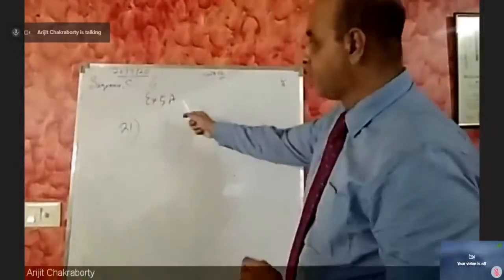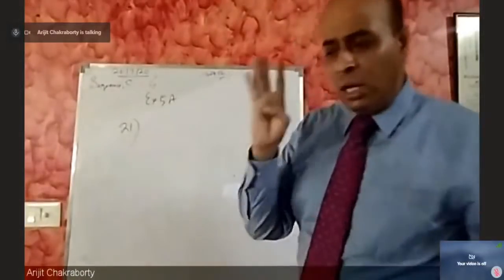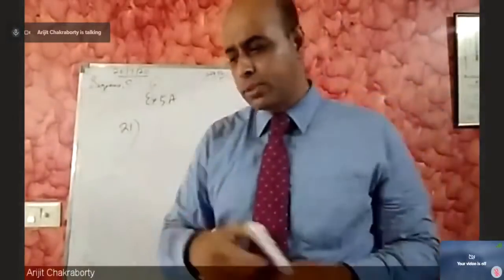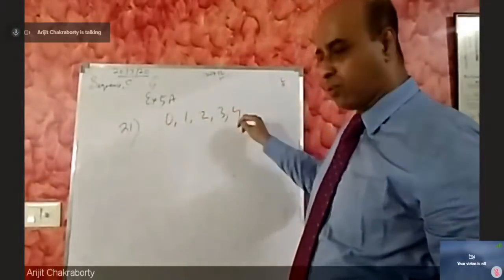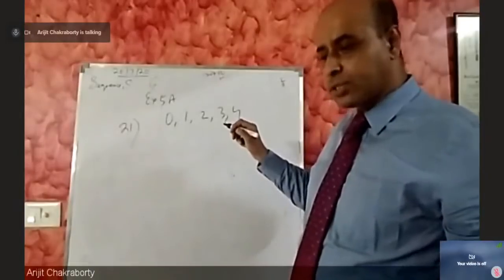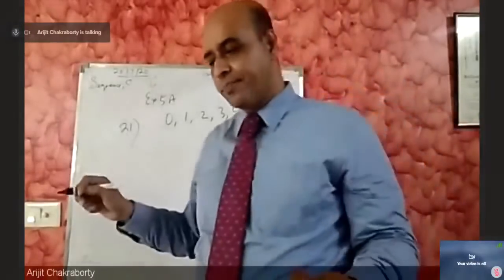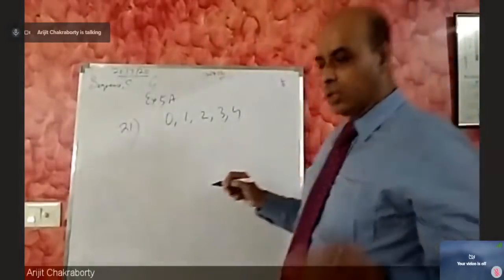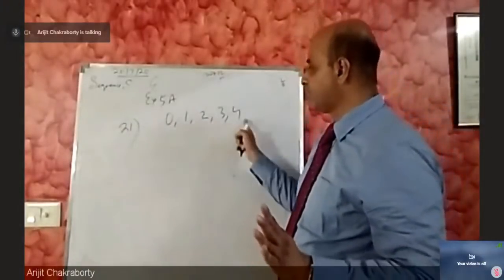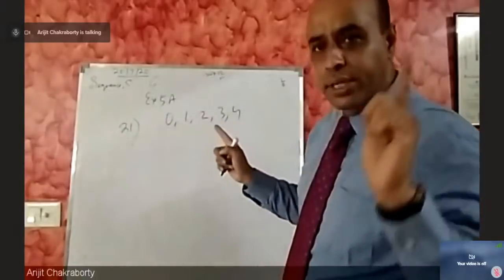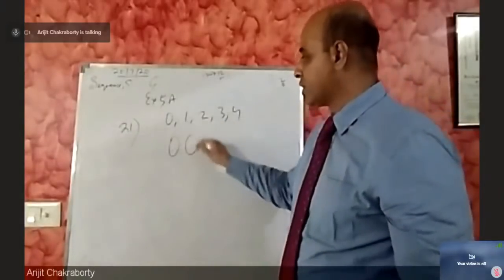For this question, 5A number 21: 4-digit numbers to be formed out of the figures 0, 1, 2, 3 and 4 such that no digit is repeated. How many numbers can you form? So you have 4 digits.